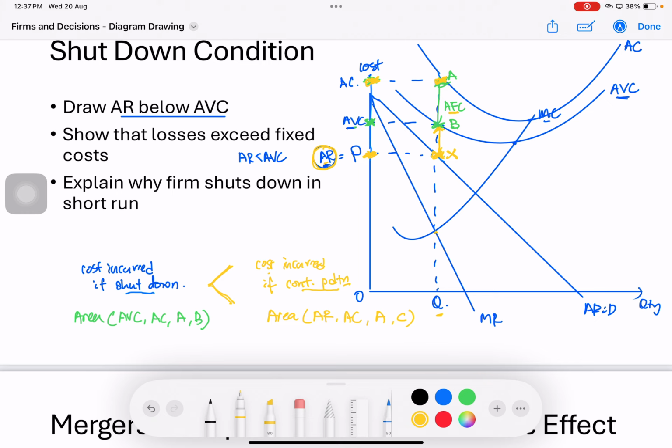Therefore, the decision will then be shut down. Okay, so this is actually the two things that last lesson y'all asked me to go through with you.